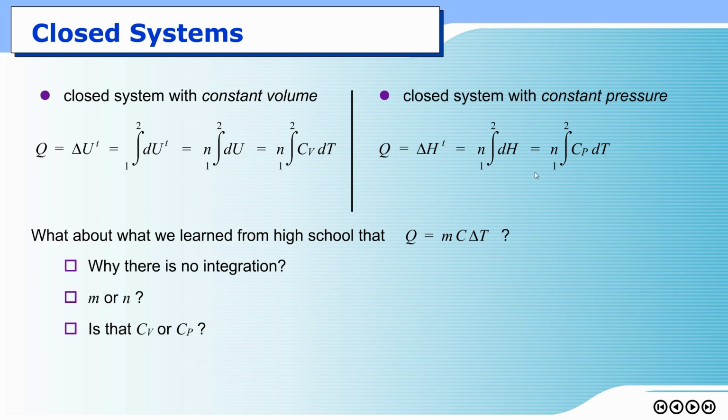There are two variables that were introduced in this lecture. The first one is heat capacity, and you have to be very careful whether heat capacity is at constant volume or at constant pressure. The other variable that we consider is enthalpy.